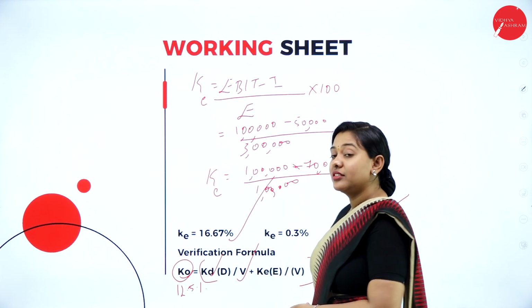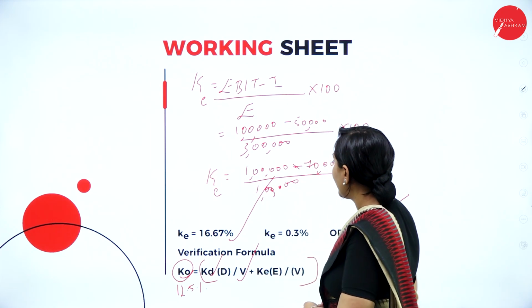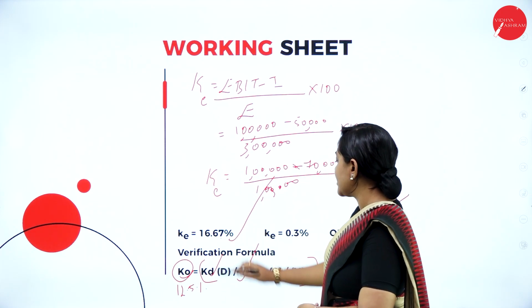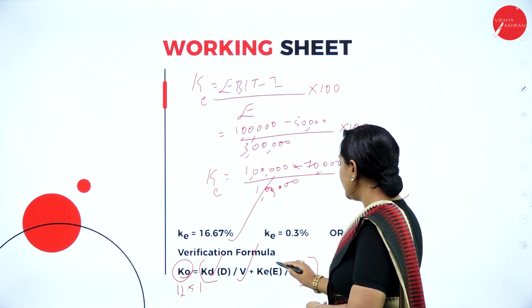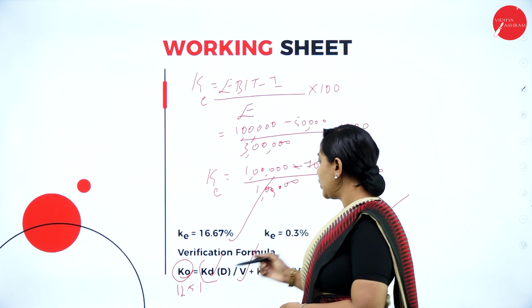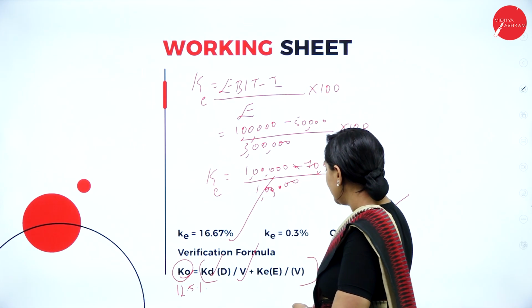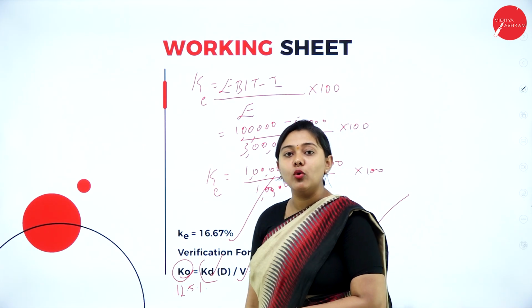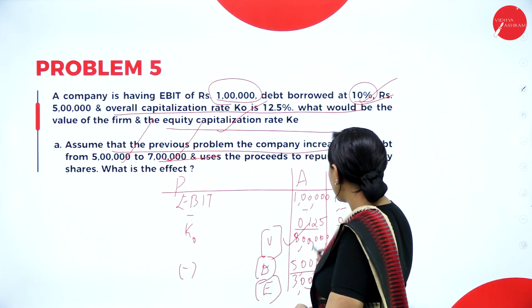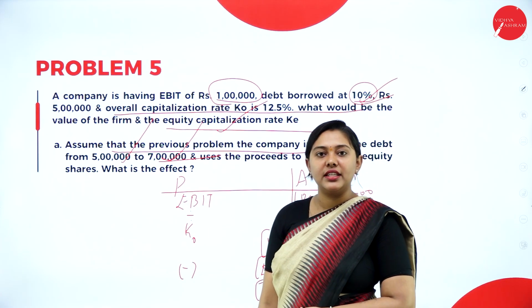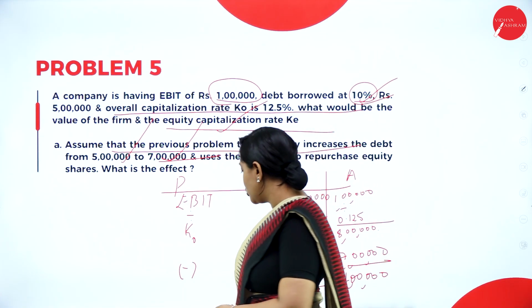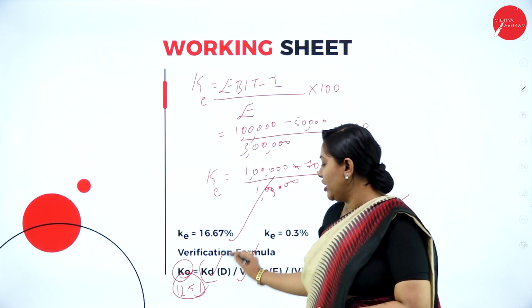Plus the cost of equity, we have calculated now, 16.67%, into equity, what is the equity value? 3 lakh divided by value of firm. If you substitute it, then you will get the answer. So it should be equal to 12.5%.